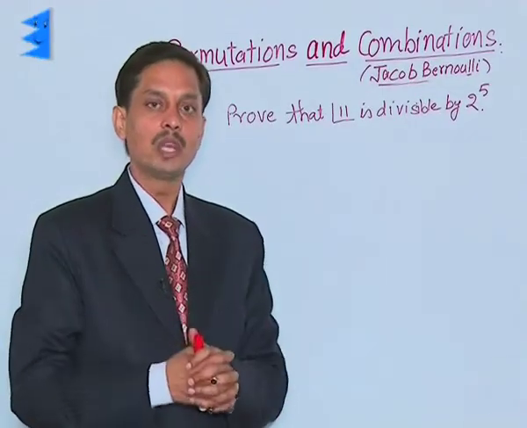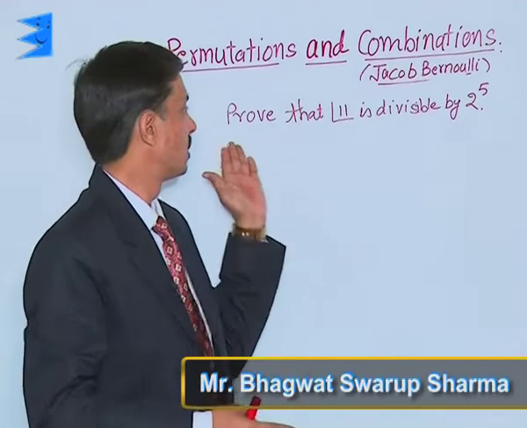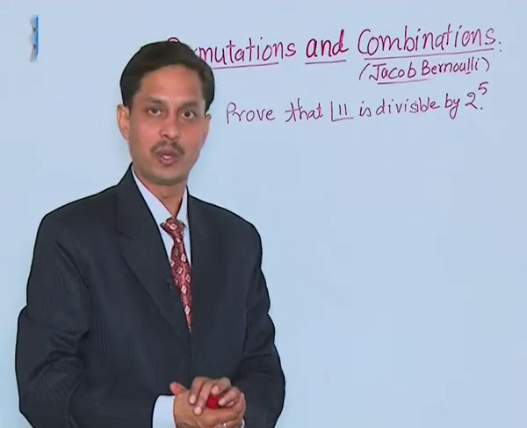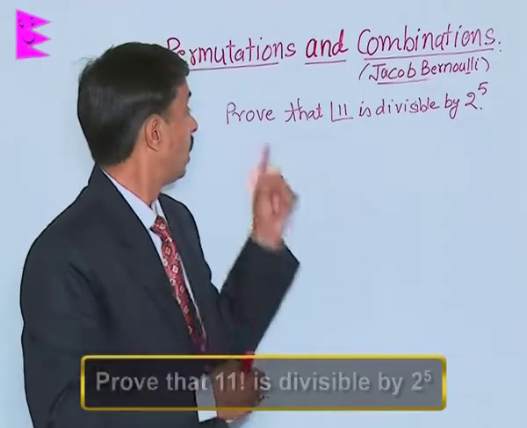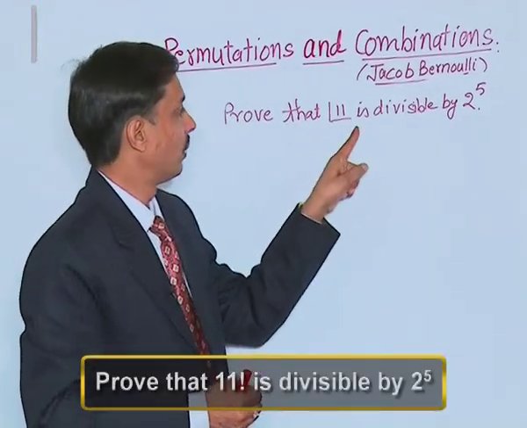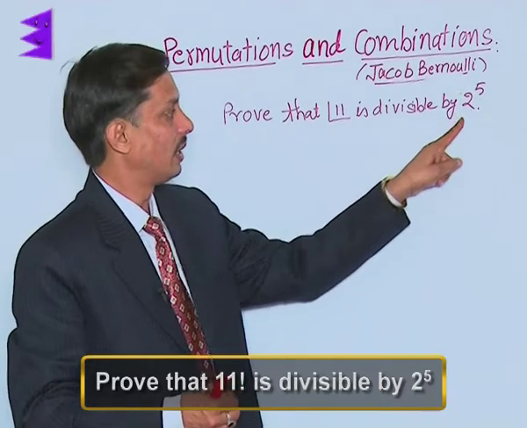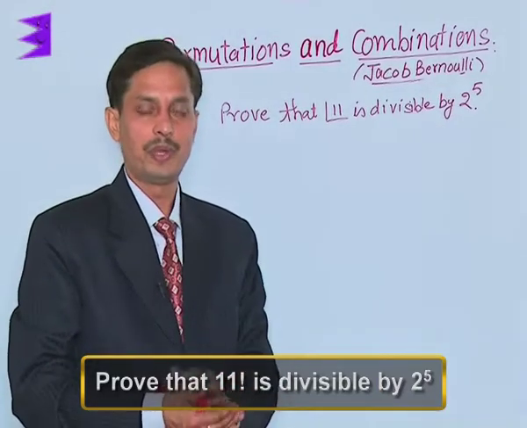Now I want to give you one more example which is again related to the problems of the factorial general expansion with some trick. Prove that factorial 11 is divisible by 2 to the power 5.